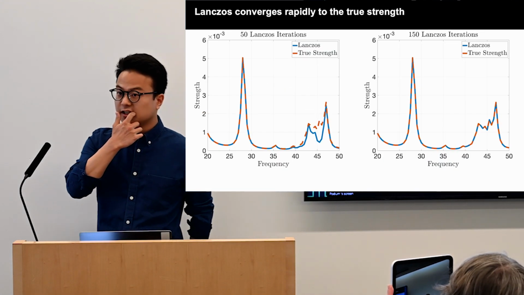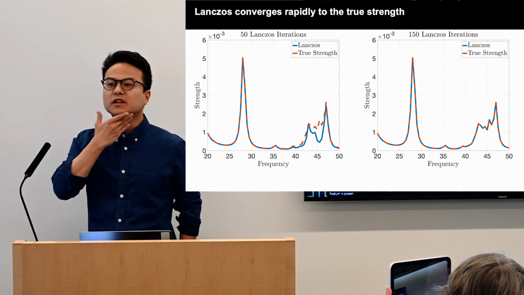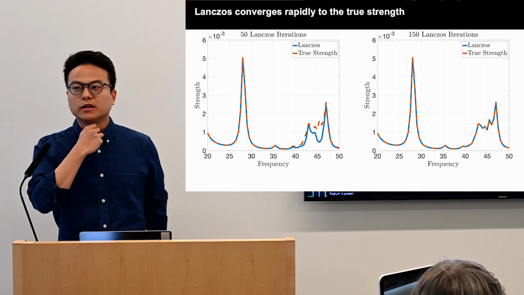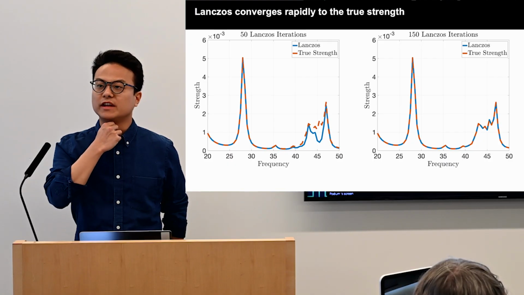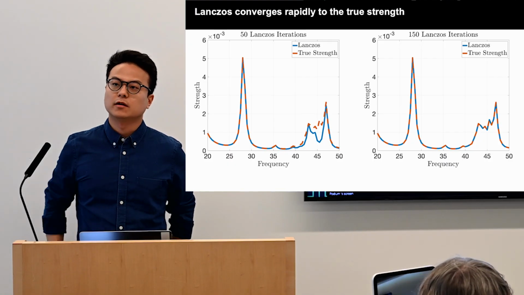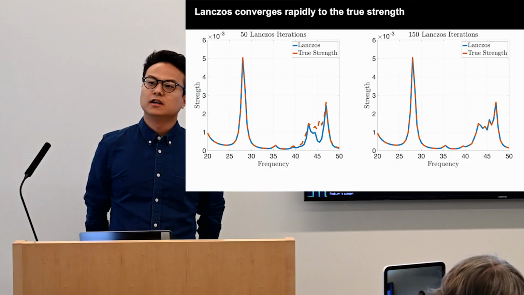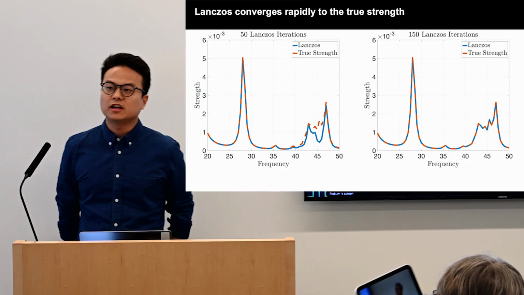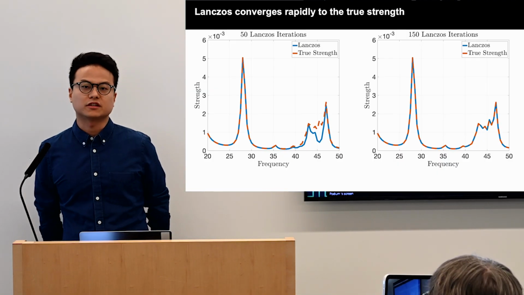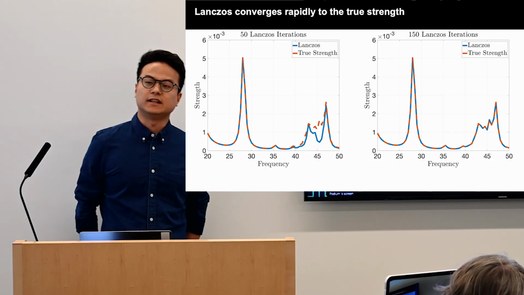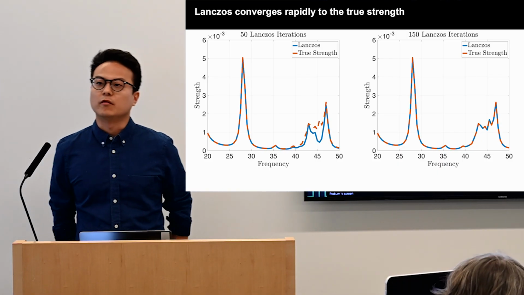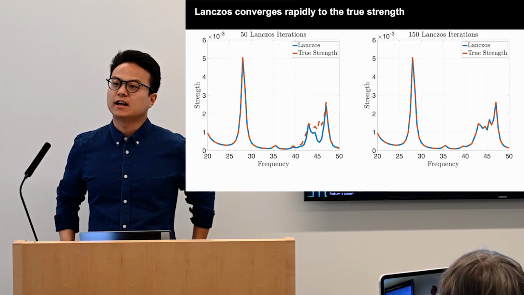Okay, so here are the numerical results that we looked at. We looked at the beta decay of a small nucleus, where the system is small enough that we can compute the true strength function, and this is possible by doing the full diagonalization of the matrix. And that's represented by the red dashed line here.